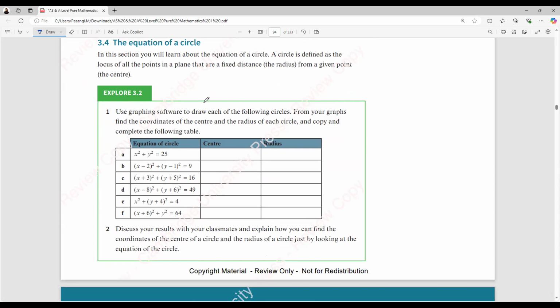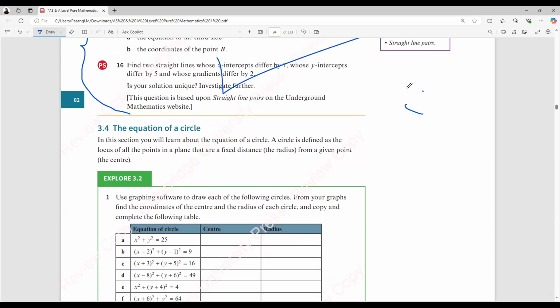In the middle we have the center, here we have the radius. Diameter means twice the radius. Those we already know.